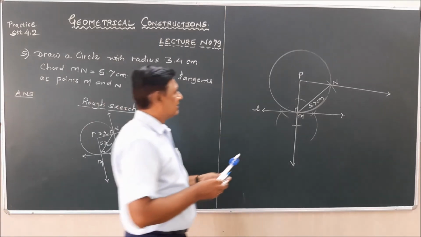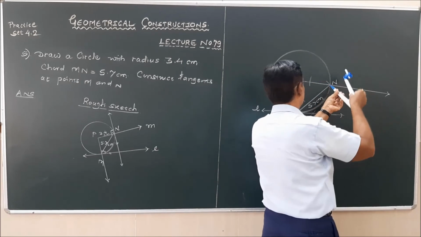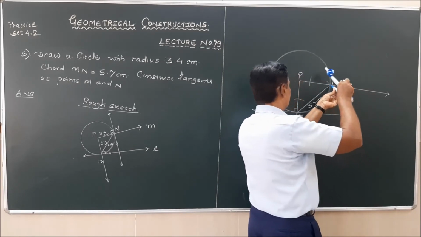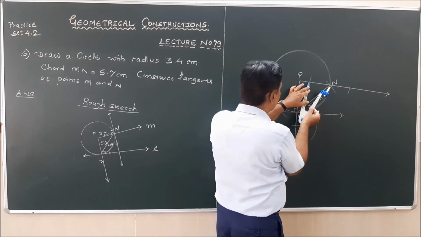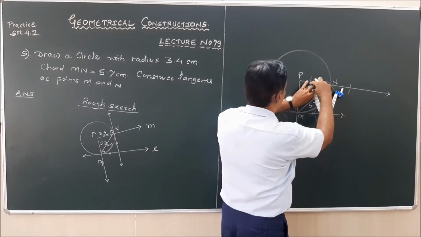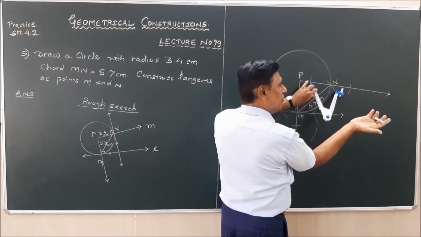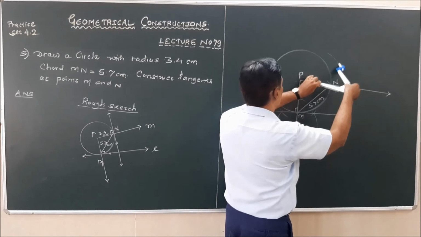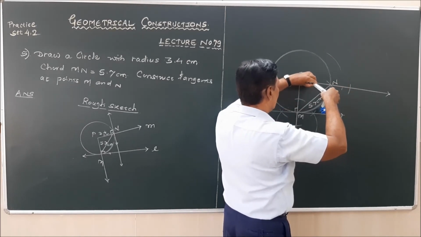Same way. Place the metal point on N, draw two arcs on both sides of N. See here. Placing the metal point on N, draw two arcs. Place the metal point here, very important, more than half. See, the metal point is here. Pencil is above N, that means more than half. Draw two arcs.